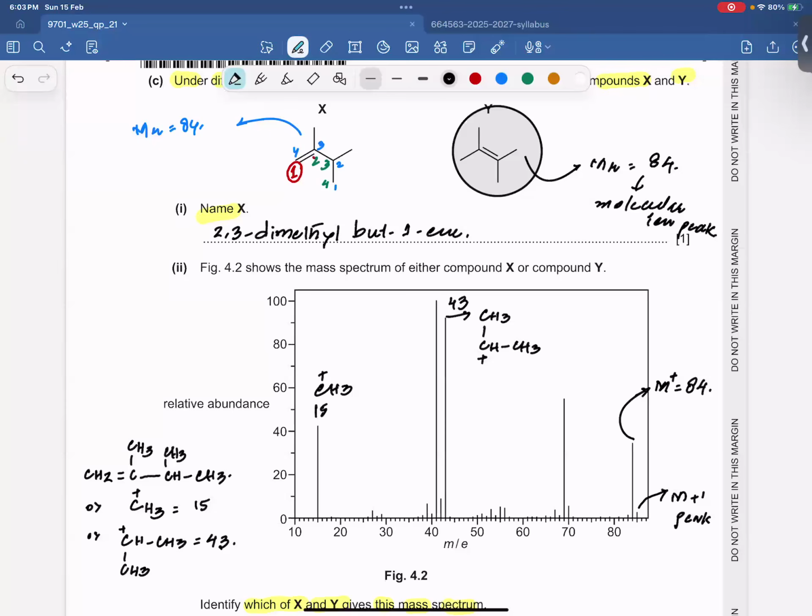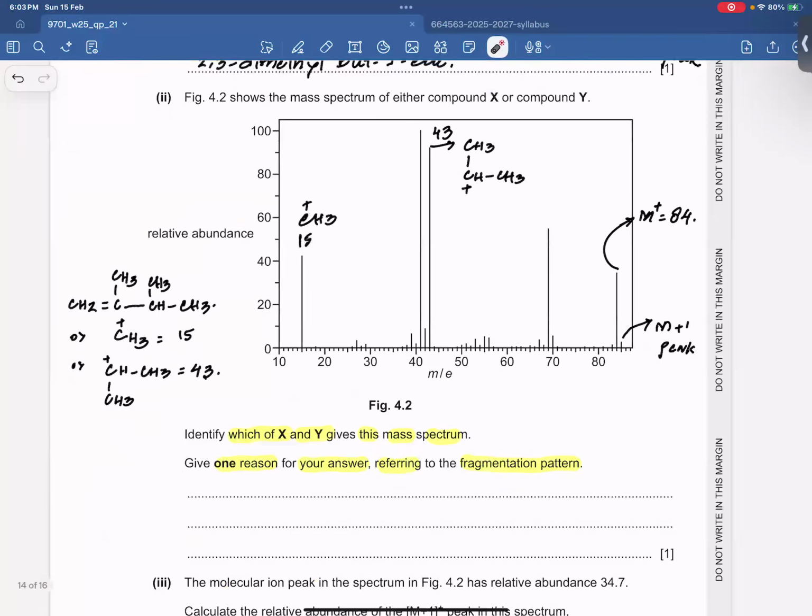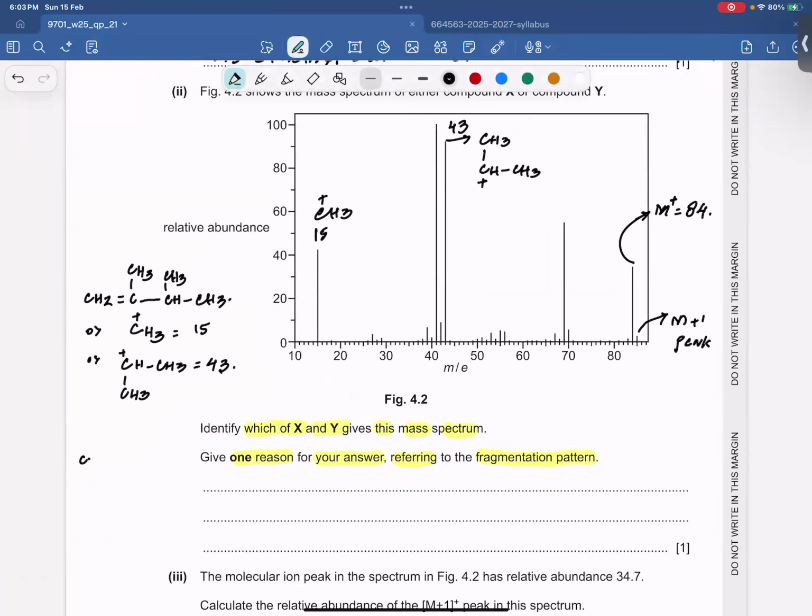In this compound, let me draw this compound: CH3, C, CH3 double bond C, CH3, and then CH3. The first fragment that appears from here is CH3 plus, which shows 15 mass to charge ratio.